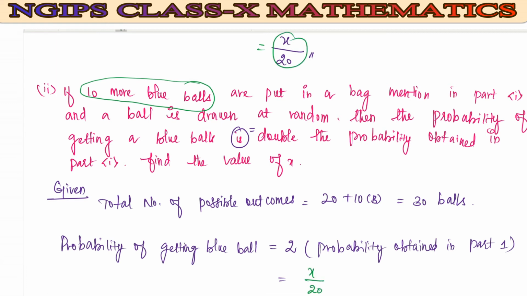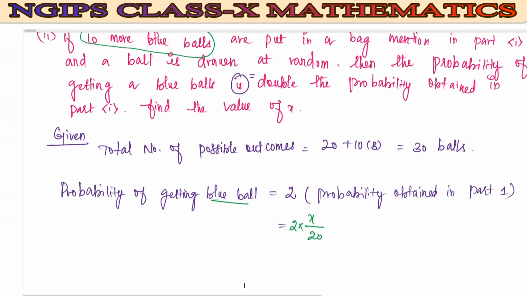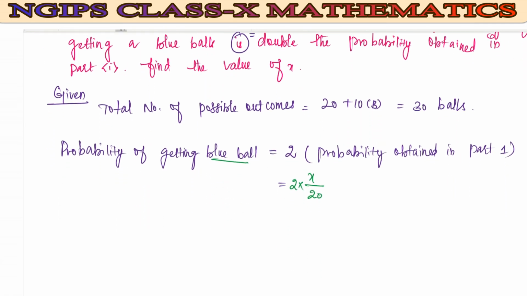Already we have 2 into, next the probability of blue balls. So I can write here, probability of blue balls is nothing but number of blue balls divided by total number of possible outcomes.